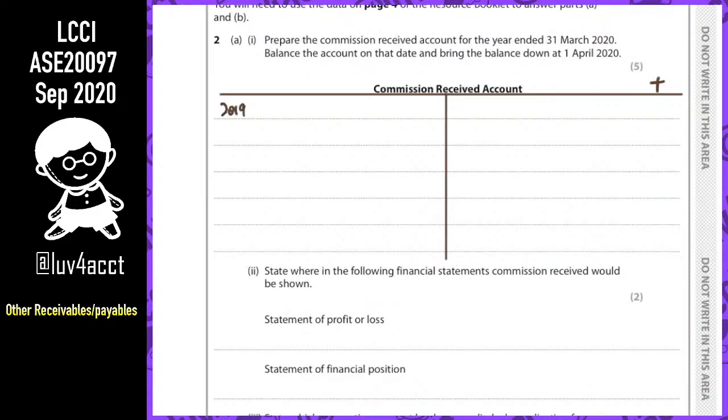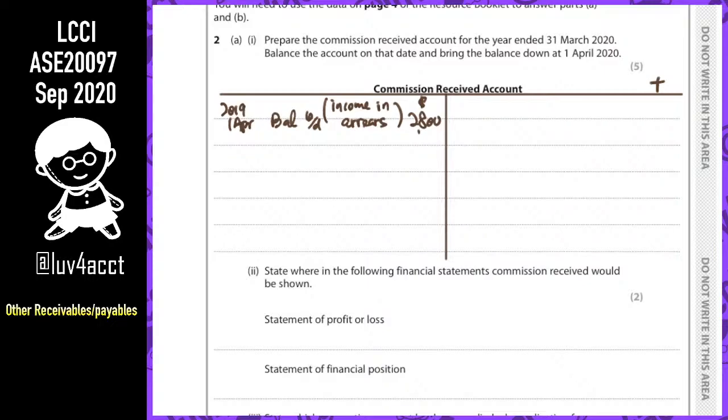Year 2019, 1st of April, balance brought down. If you have to give some explanation of it, it is income in arrears. They should have paid you but then they haven't yet. That's why it goes to the debit side receivable.